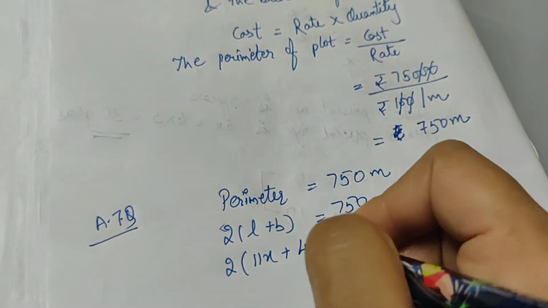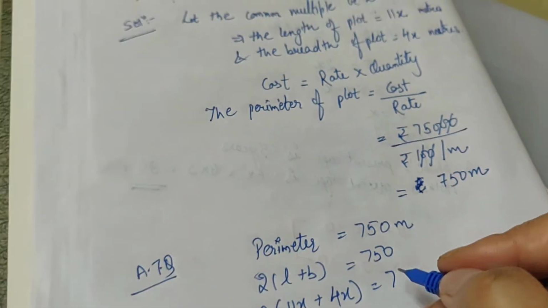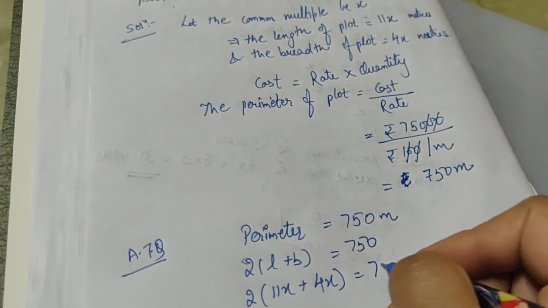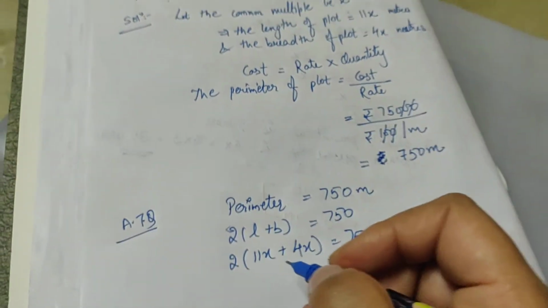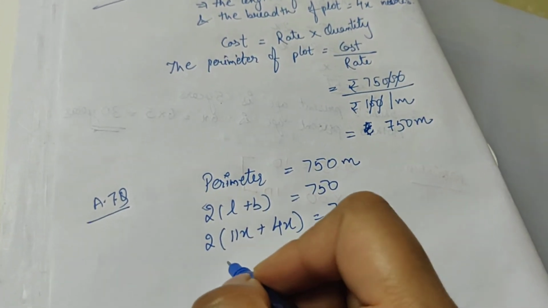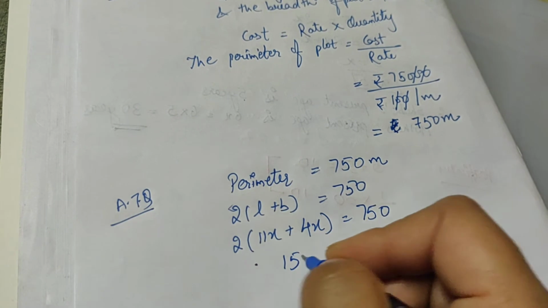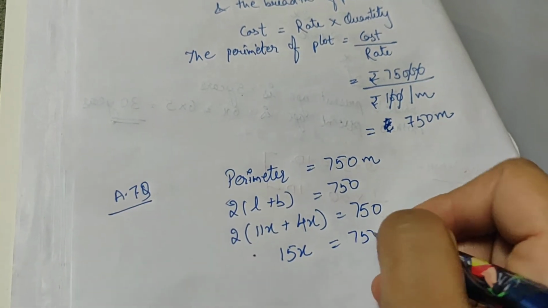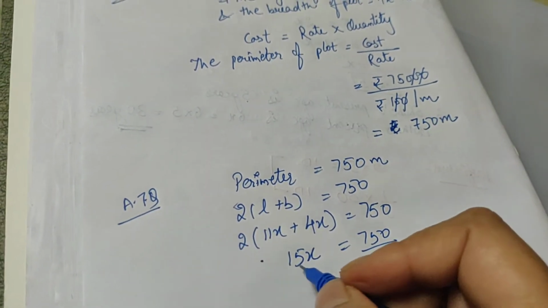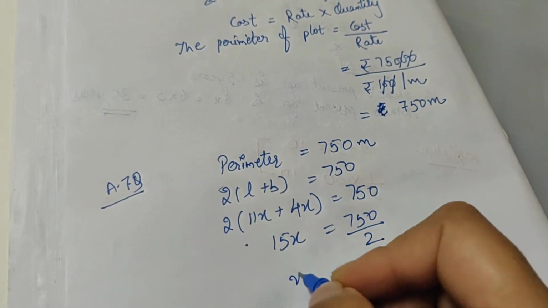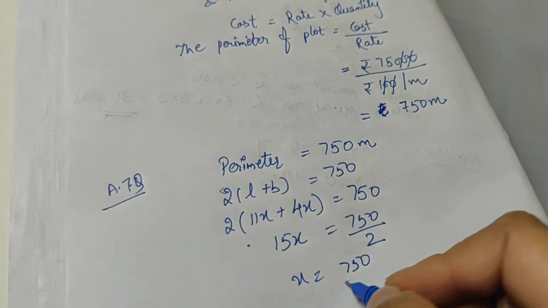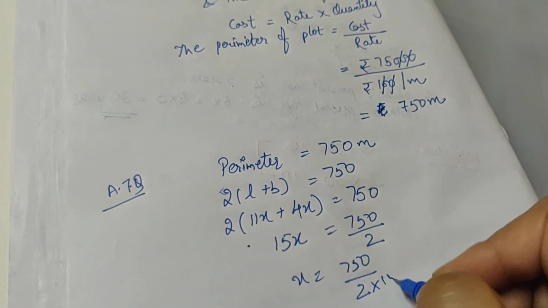And what is B? 4x. So it is 2 into 11x plus 4x, equal to 750. Now you can take this 2 to the other side. 11x plus 4x will be 15x, which is equal to 750 divided by 2. You can even bring this 15 to this side. x is equal to 750 by 2 by 15.